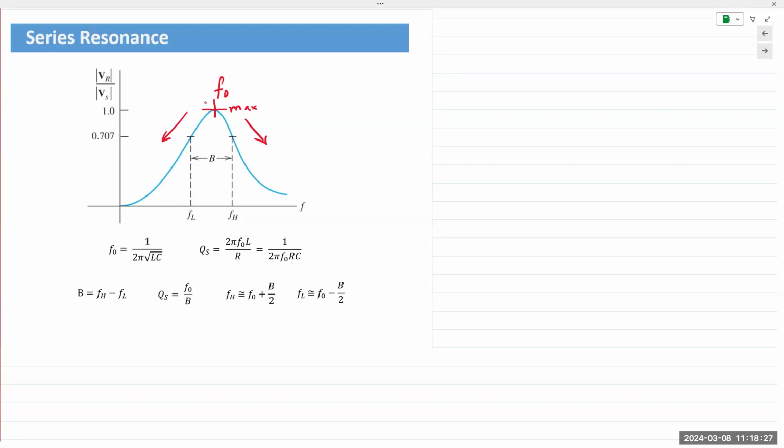And so it'd be less than 1. And the result of plotting these values as a function of the frequency gives us a characteristic of a band pass filter. So this works like a band pass filter. Does that make sense? Right? Now, ideal filters, of course, have a sharp cutoff.